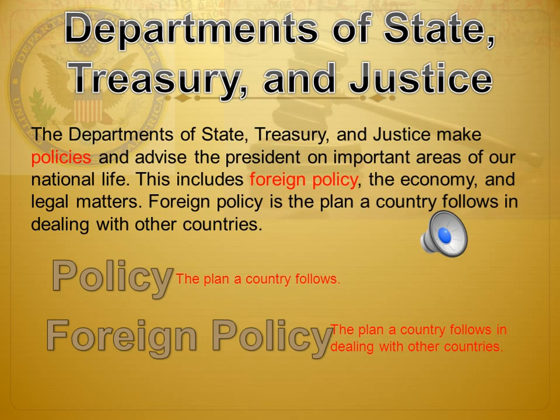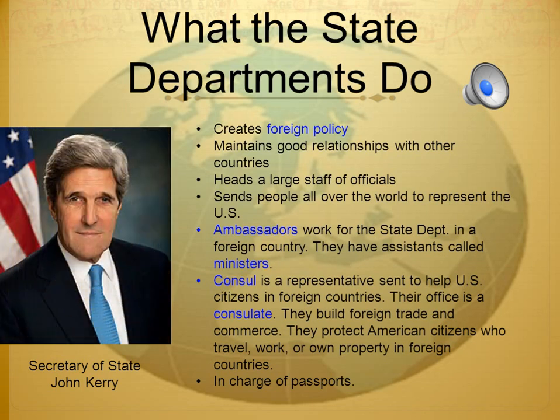And foreign policy is the plan a country follows in dealing with other countries. So that is something to think about. What the State Department does is create foreign policy. This has to do more with international relations.